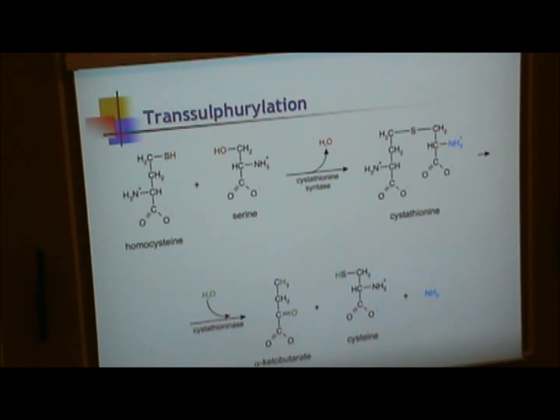Ammonia is released. The ammonia is a product of deamination, which proceeds at this place. So under the action of cystathioninase and water, the cystathionine is split, producing alpha-ketobutyrate and cysteine. This is transsulfuration. It means that the sulfur is transferred from homocysteine onto serine, producing cysteine.